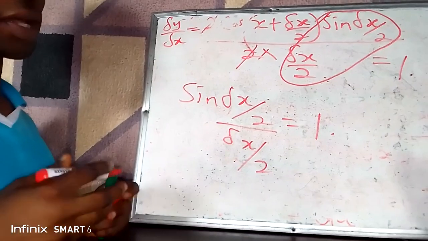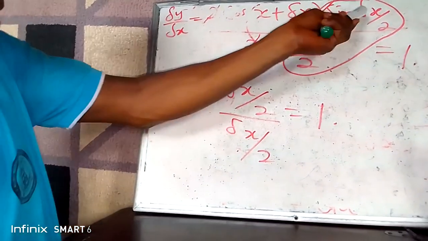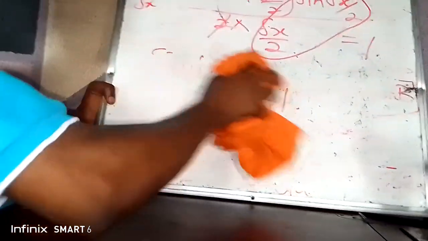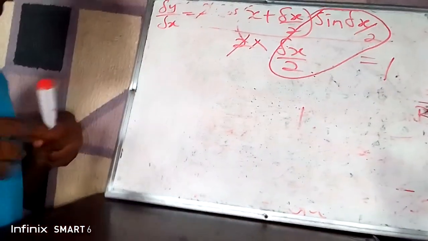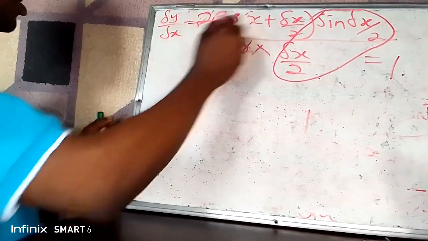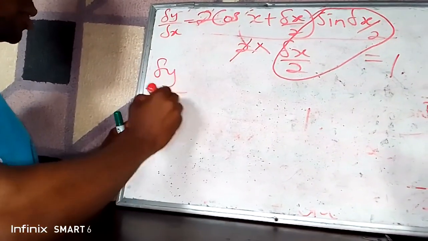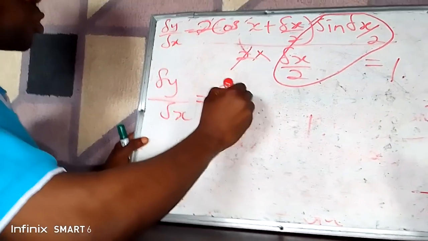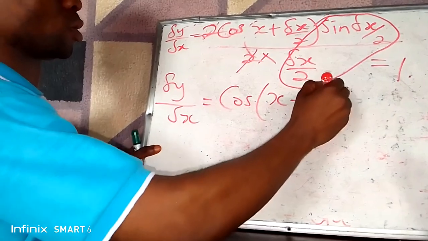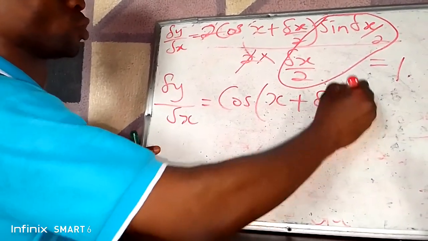It's going to be 1 under the standard limit. That's why I know that this one and this one equals 1. Okay? And don't forget, these 2 cancel these 2. So we have dy dx equals cos x plus dx all over 2.